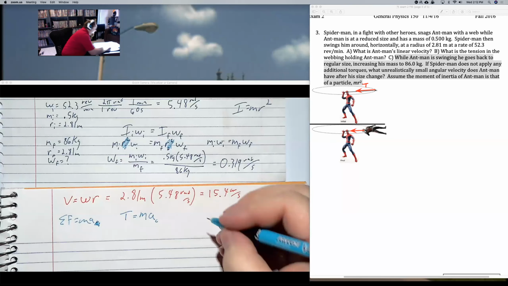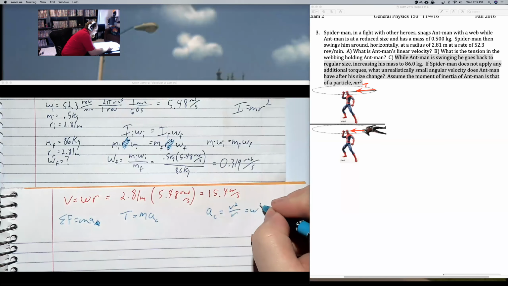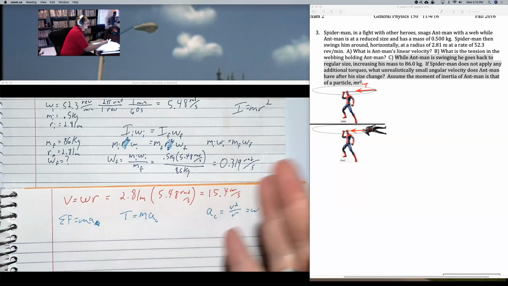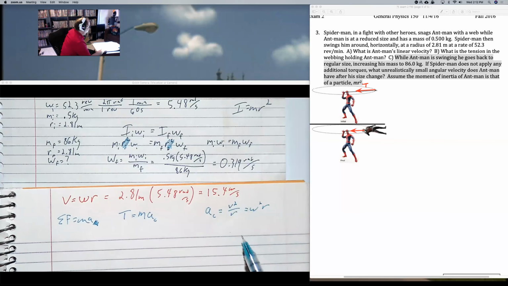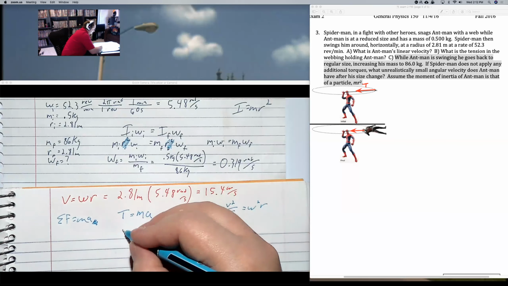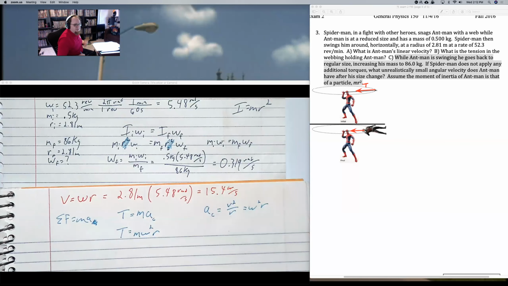Where centripetal acceleration has two equations, v squared over r or omega squared r. Now, normally I say use whichever one you know the value, but I know both here. v is 15.4. Omega is 5.48. So I can use either one. I'm pretty sure I used omega squared r. Yep, I did, just because that's the one I didn't solve for.